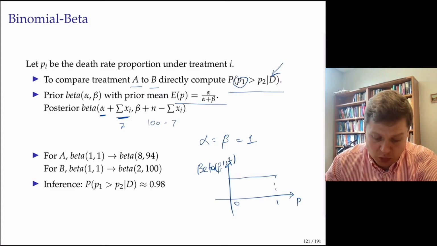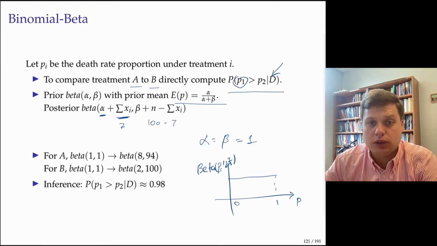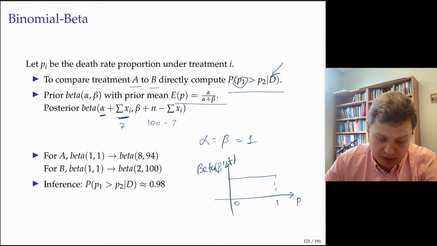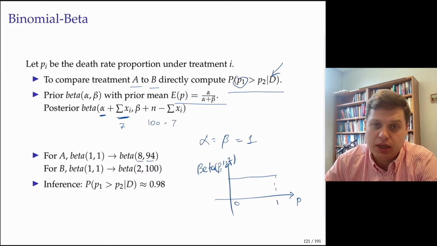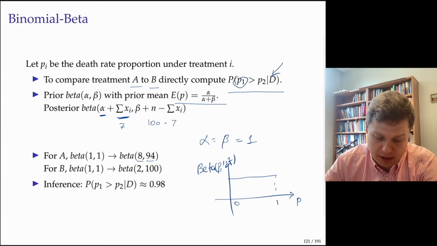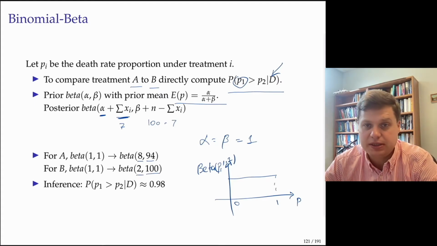And so we can calculate the posterior for treatment A and treatment B. For treatment A it is 1 plus 7, 8, and then 100 minus 7 plus 1 is 94. The same calculations for the second treatment give beta 2, 100, which is the posterior distribution for this treatment.